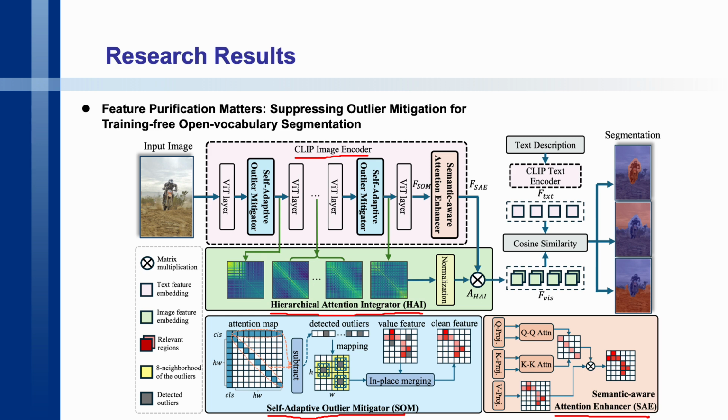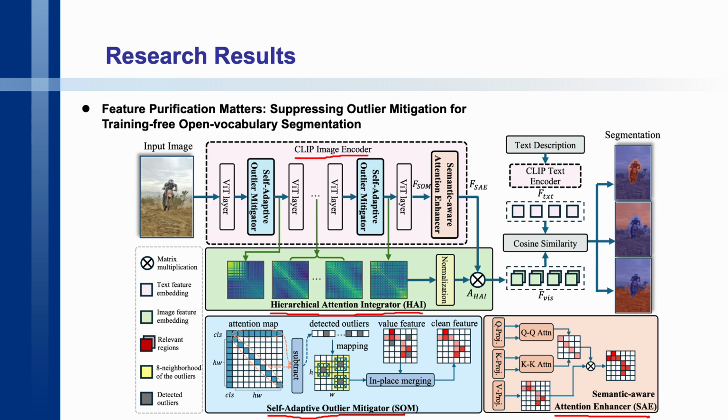The key objective of this work is how to generate clean dense feature F_visual SOM, which is our key innovation. By simply comparing the difference between self-attention weights, the matrix diagonal elements, and the CLS token attention weights, the first row elements, we can detect the outlier token. We locate them in the dense feature, and use an average filter to mitigate the outlier and maintain the semantic consistency.